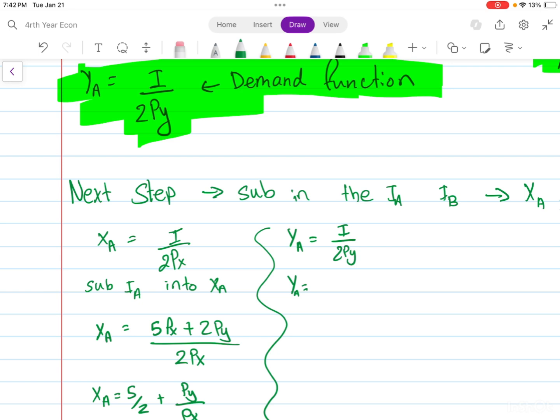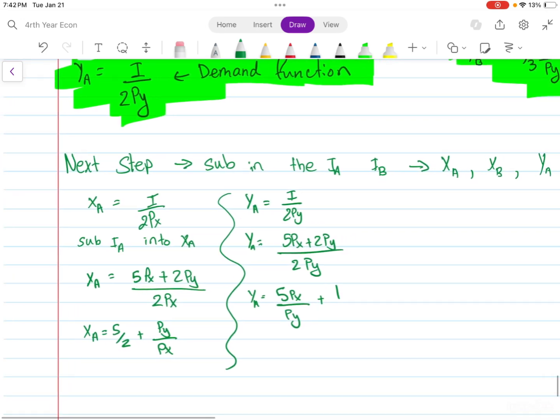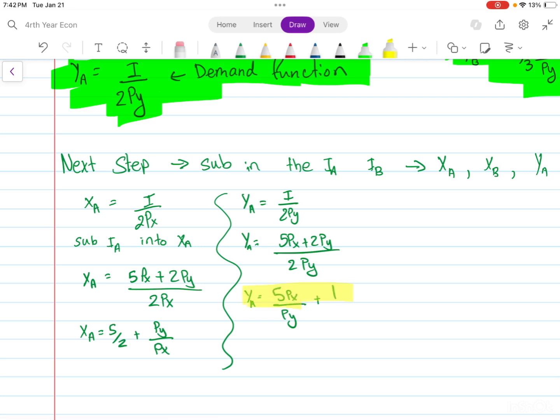And we end up getting 5px plus 2py over 2py, and that is equal to 5px over py plus 1. So now we have these two conditions for Alex.